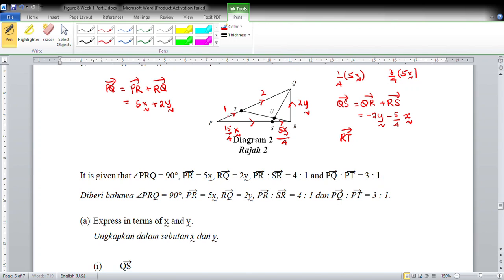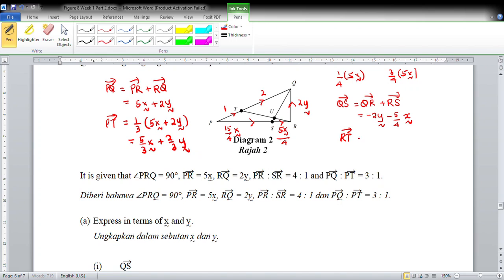So PT is 1 out of 3 parts of your PQ. Right? So you can leave it this way, or you can rewrite it as 5/3 x plus 2/3 y. So we are going to use this here.